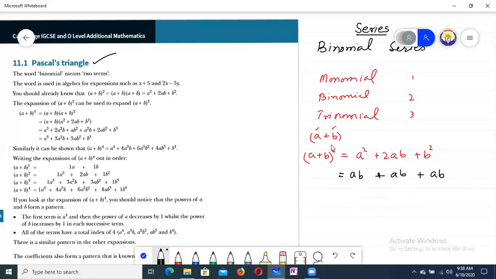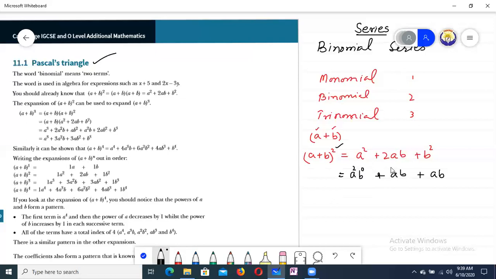After that, what will we do? As here is the square, we will write the exponent of a as square, and b raised to the power 0. Then the power of a gradually decreases by 1 and the power of b gradually increases by 1.